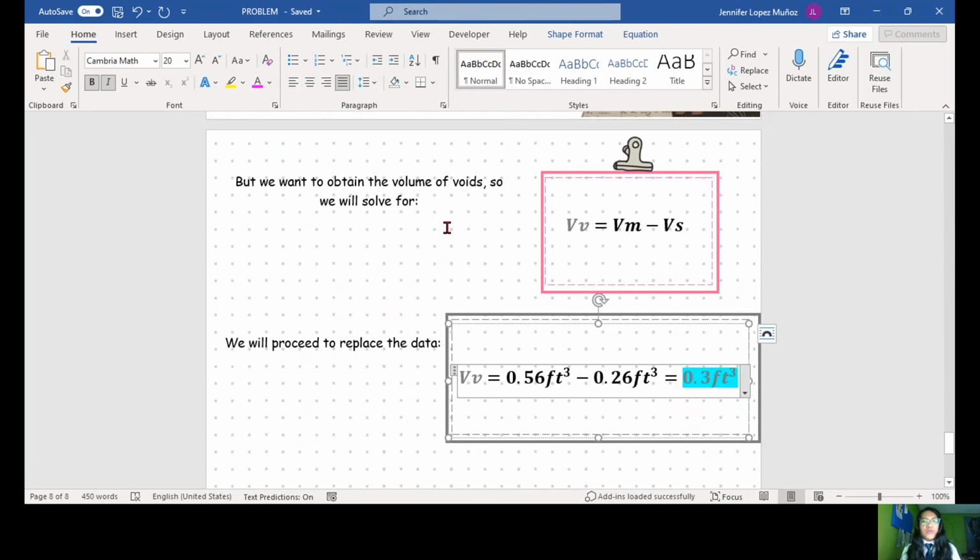But we want to obtain the volume of voids, so we will solve for it.